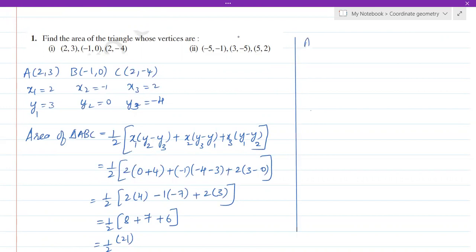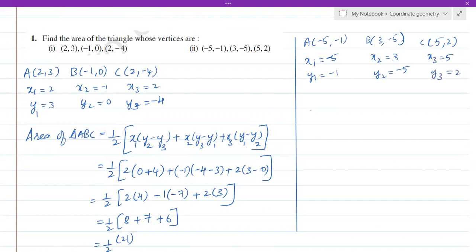So here, let's take the first coordinate, A as minus 5 comma minus 1, B as 3 comma minus 5, and C as 5 comma 2. So here x1 is minus 5, y1 is minus 1, x2 is 3, y2 is minus 5, x3 is 5, y3 is 2.